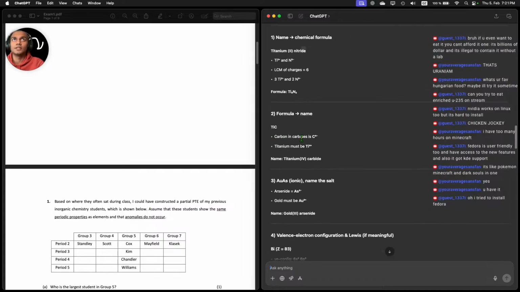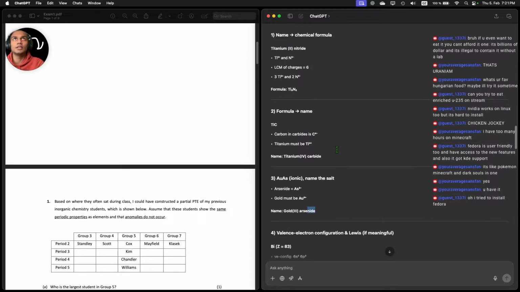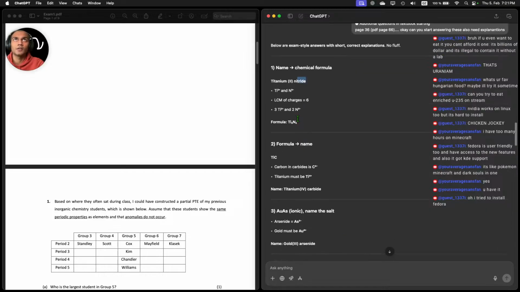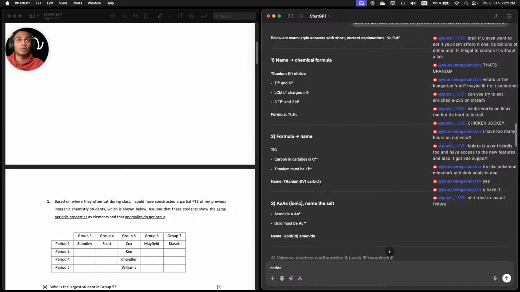Formula name TiC. Carbon in carbides is C4 minus. Titanium must be titanium 4 carbide. Okay. AuAs arsenide. Gold 3 arsenide. So when it comes to ide, it's 3 plus or 3 minus, right? Yeah. And 3 minus, 3 minus. Okay, that's cool. Carbide. Carbide is 4 though.